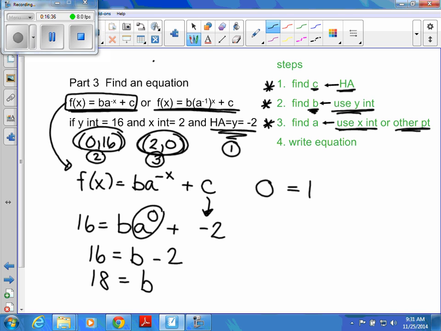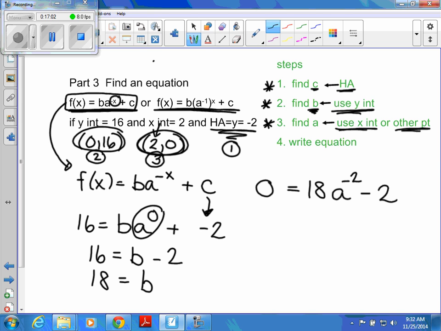My B is 18, so in place of B, I'm going to put 18. I don't know what A is, so I'm going to put an A down. The exponent needs to be -x, and what I'm going to use for x is 2, so that needs to be -2. And then I know my C is -2. So everything gets filled in except the letter A.